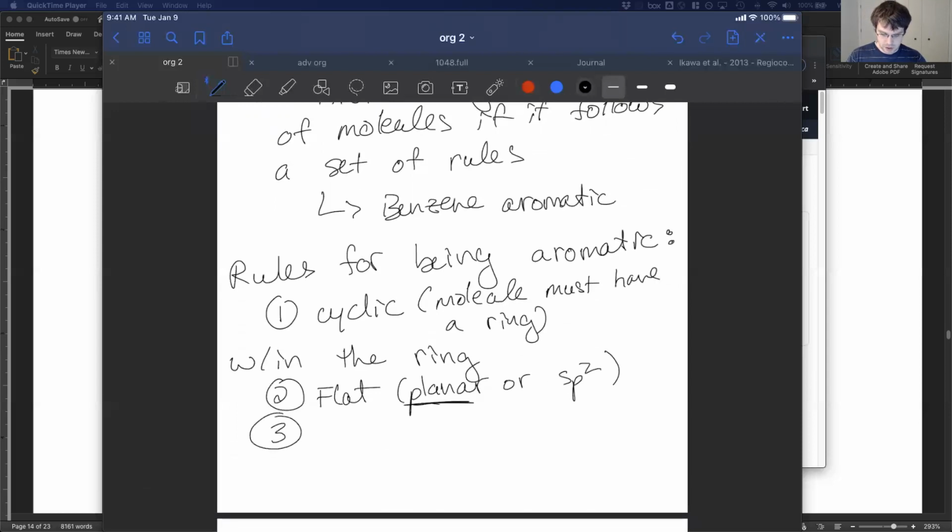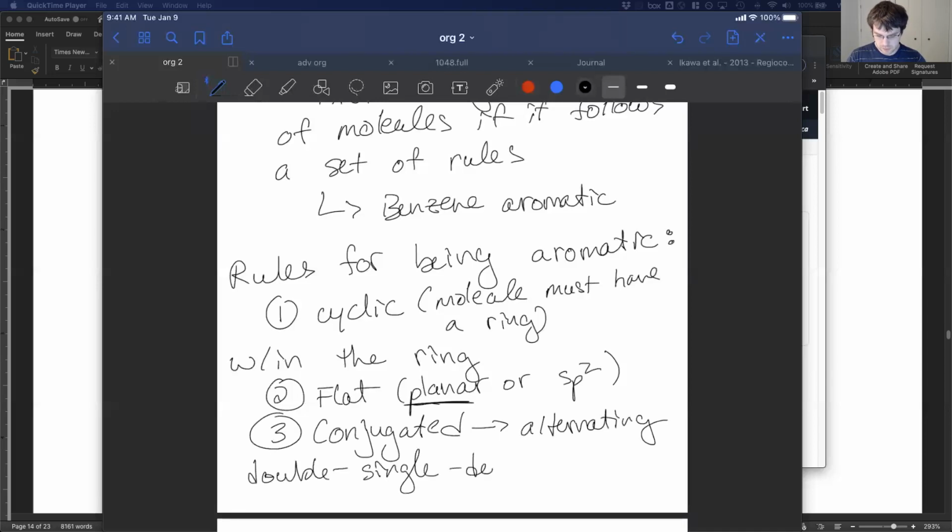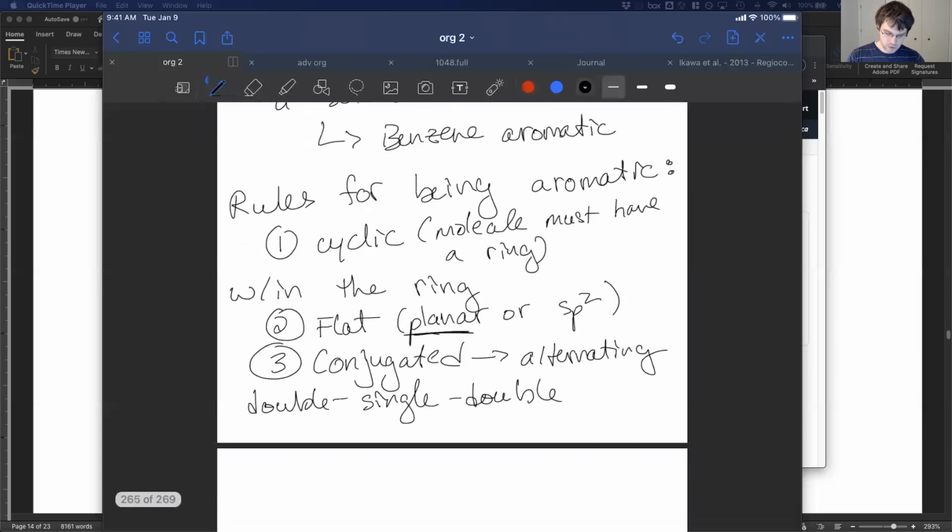Now, also within the ring, we must be conjugated. That's alternating double, single, double, or lone pairs that are delocalized. And delocalized just means in resonance with. They're not fixed in a position.